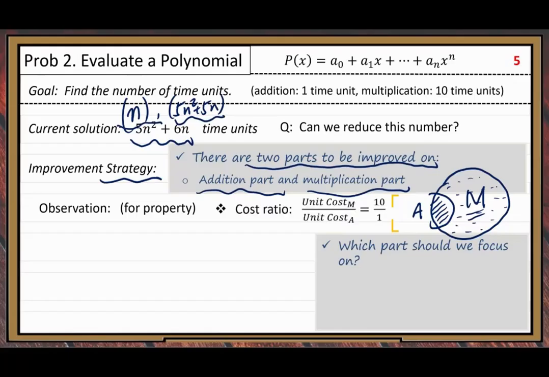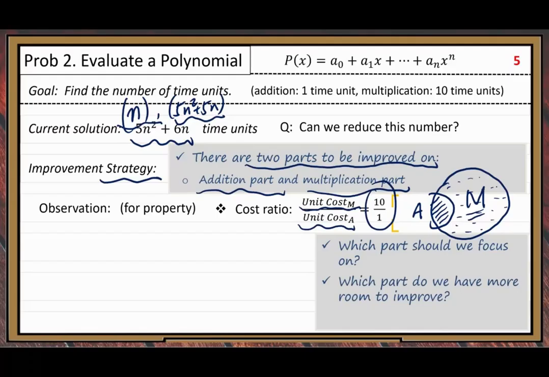Also, another consideration is our assumption: the cost ratio between the unit cost of multiplication and the unit cost of addition is a 10-to-1 ratio. That's our assumption.